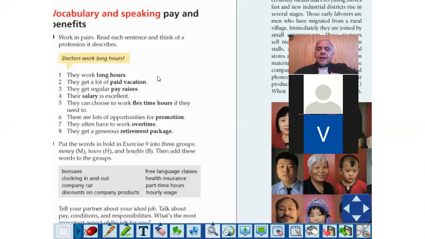For example, in my case, I am going to retire at the end of this year, but the government is going to give me, I think it is 900 UFs for my retirement. Why? Because the government needs more spaces for teachers.